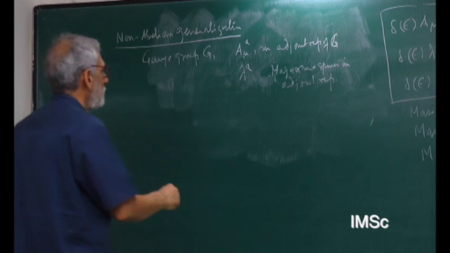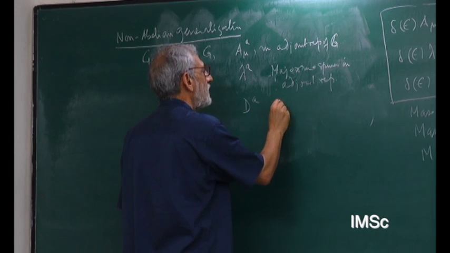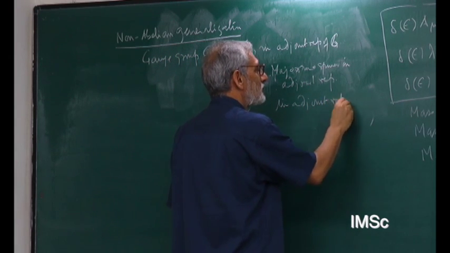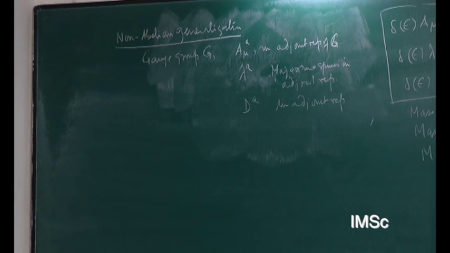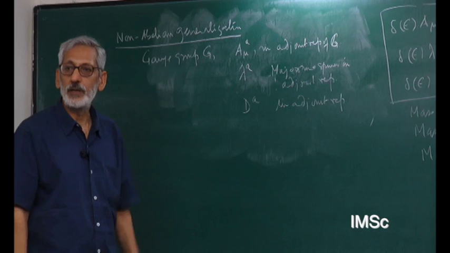Then we would have D A auxiliary fields again in adjoint representation. So that would be a supermultiplet.